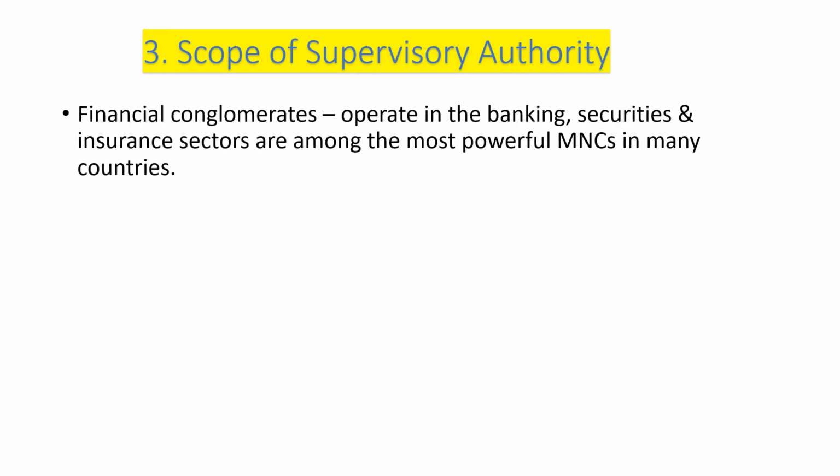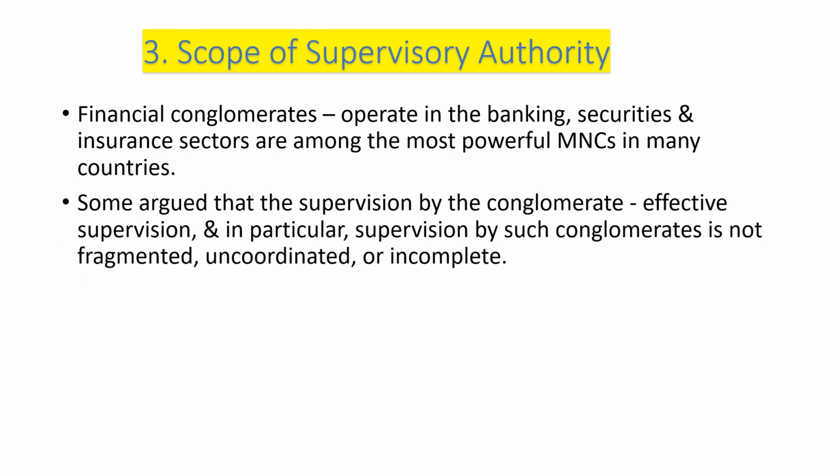Scope of supervisory authority. Financial conglomerates that operate in the banking, securities, and insurance sectors are among the most powerful multinational corporations in many countries. Some argued that supervision by a single authority with broad scope to cover all financial services is necessary for effective supervision, and in particular, that supervision is not fragmented, uncoordinated, or incomplete.